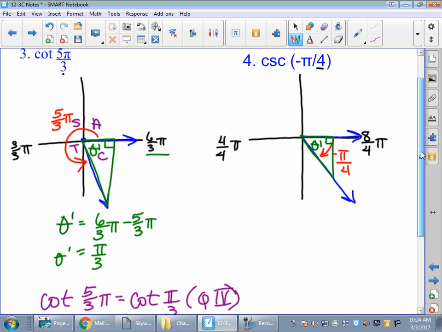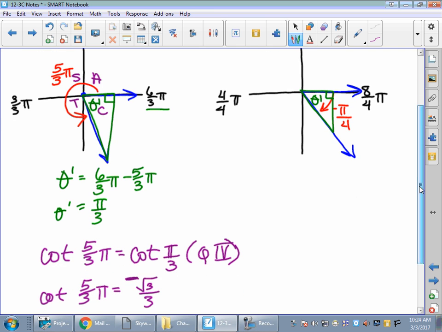Well, that angle would be in the first quadrant. It's already just a small acute angle, pi over 4. So I'm going to write the statement that theta prime is equivalent to theta. So theta prime is pi over 4. It's technically the positive theta.